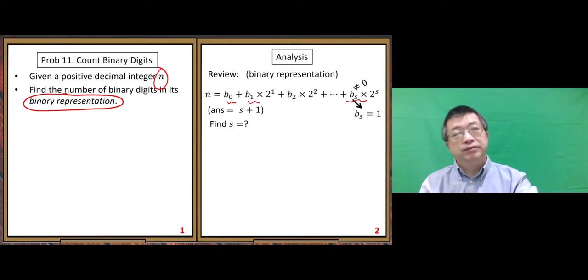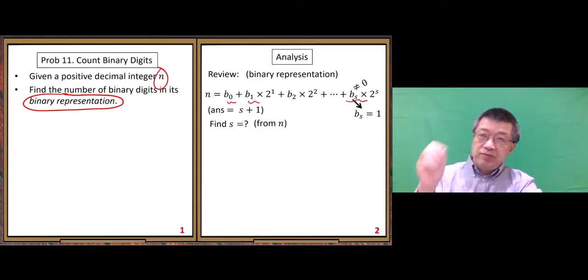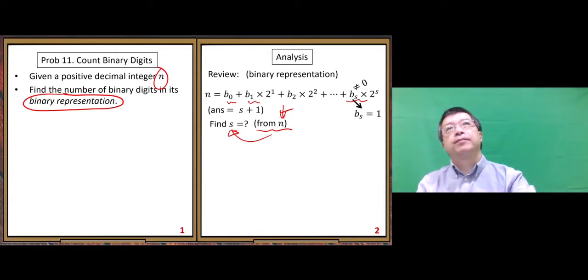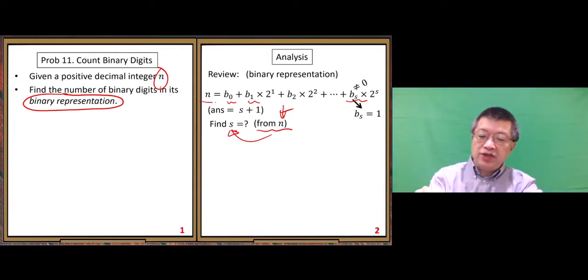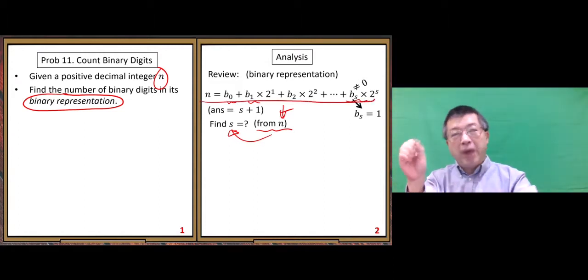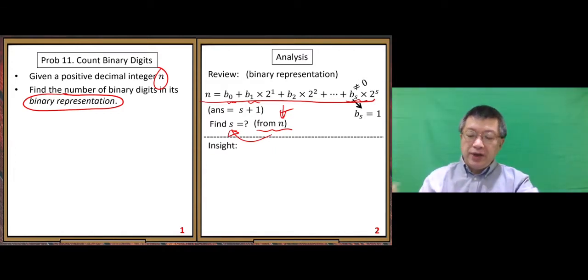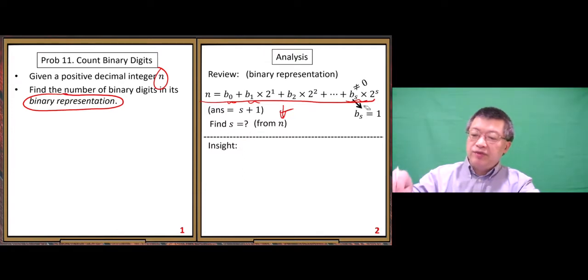That's very straightforward. Our question becomes, given integer value n, we need to find the s number in the standard binary representation. All right, so that's the background of this problem. Next, we need to find a solution.